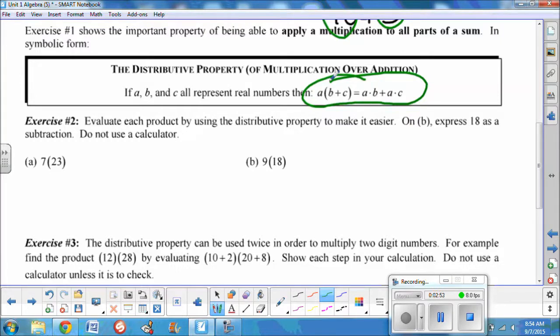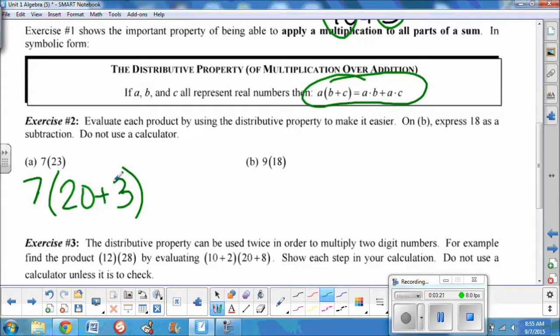Exercise 2, evaluate each product by using the distributive property to make it easier. It says, on exercise B, express 18 as a subtraction. And it says, don't use a calculator. So if I had to think about 7 times 23, I could use that standard algorithm that you know, but it says to use the distributive property. So how could I represent 23 in a different way? Well, 23, isn't that just 20 plus 3?